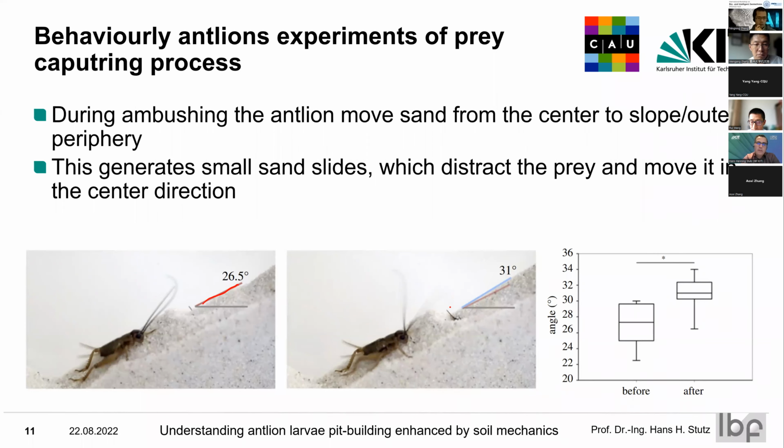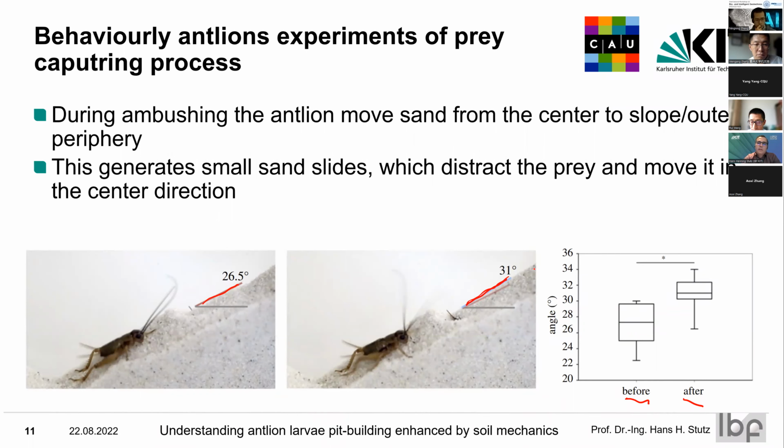And then they could see that after the throwing of the sand, the inclination was steeper than before. Here you see that, of course, there was some scatter in the data. But you see with these box plots that the increase of the slope angle, before and after, was significant.